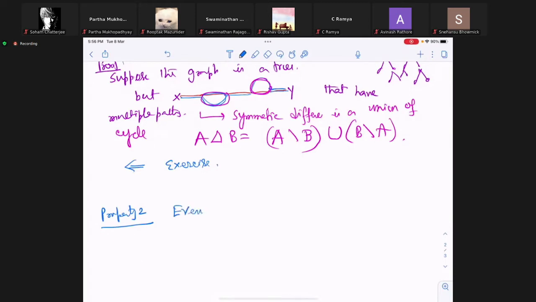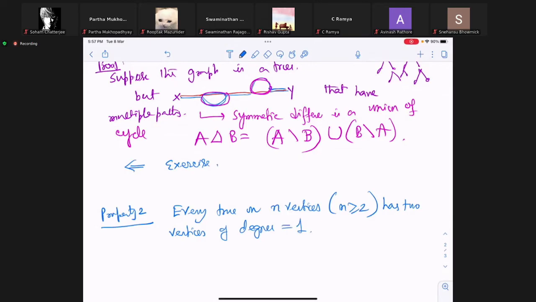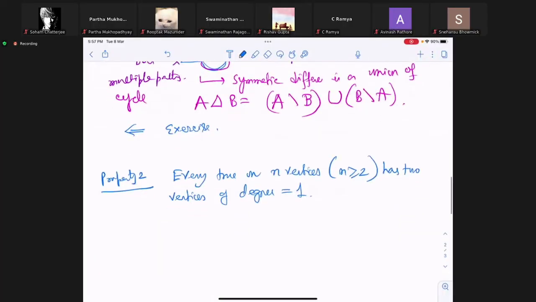So every tree on n vertices, let's say n at least 2, has 2 vertices of degree equal to 1. When I say 2, I mean at least 2. Can someone quickly give the argument?